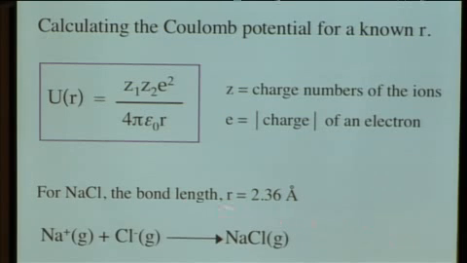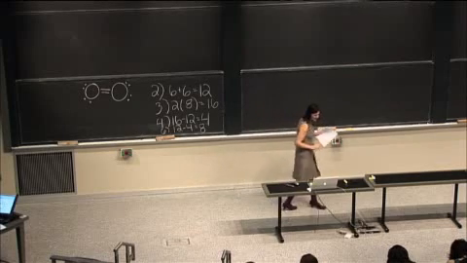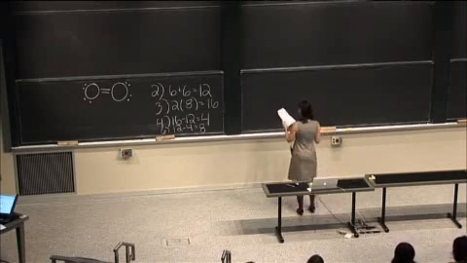Let's say we do the calculation with the bond length that we've looked up, which is 2.36 angstroms for the bond length between sodium and chloride. So we should be able to figure out the Coulombic attraction, if I can find my good chalk here, for this.